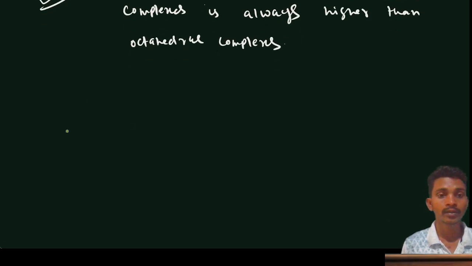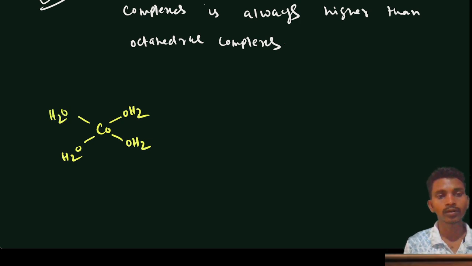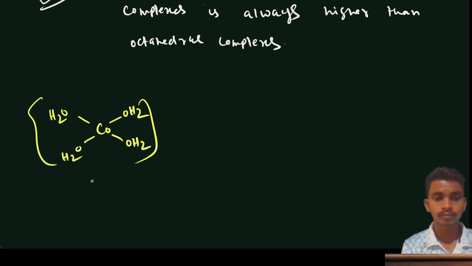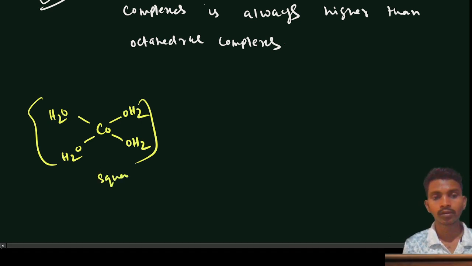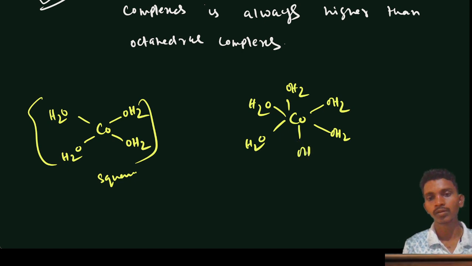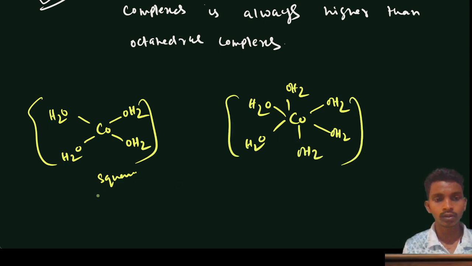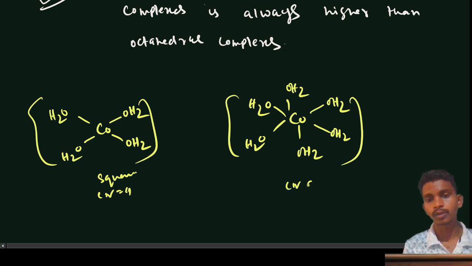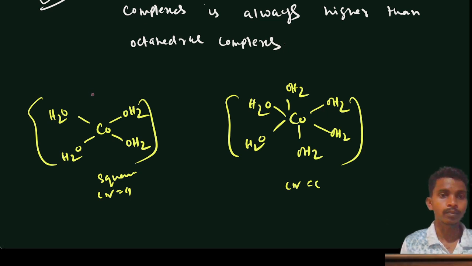If you see here, let's say this is cobalt, and here let's say a water is there. This is for square planar complexes. And if we look at octahedral, here this is coordination number 4 and this is coordination number 6. So here more space is available.